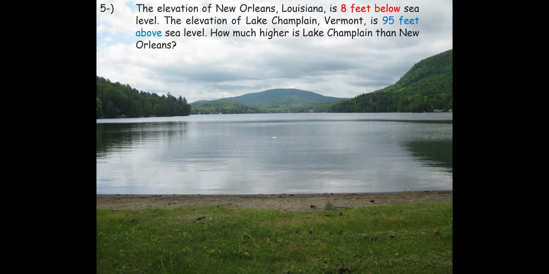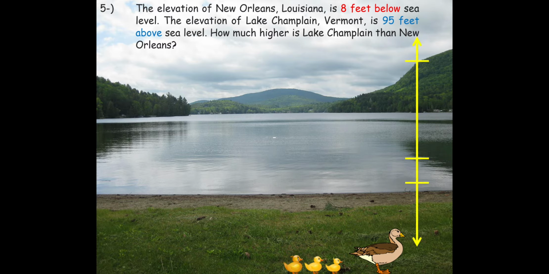Number 5. The elevation of New Orleans, Louisiana, is 8 feet below sea level. The elevation of Lake Champlain, Vermont, is 95 feet above sea level. How much higher is Lake Champlain than New Orleans?